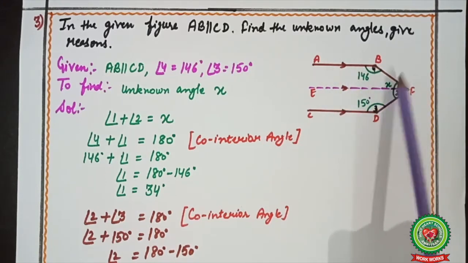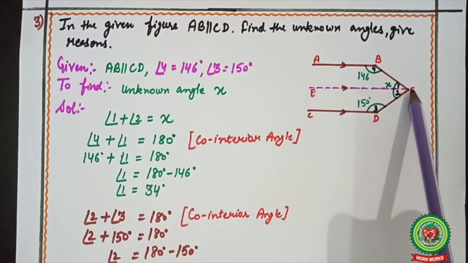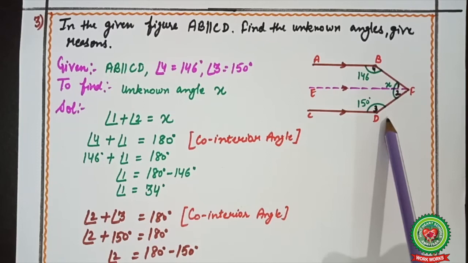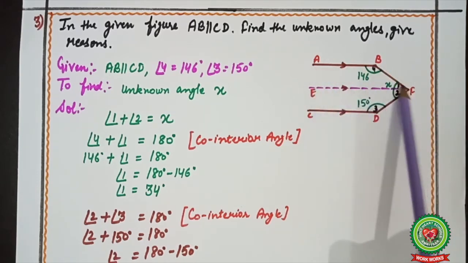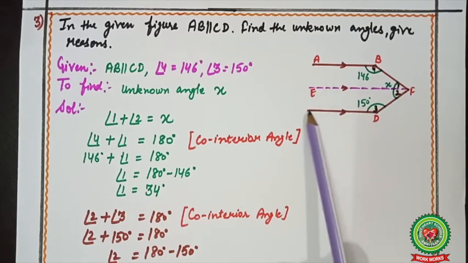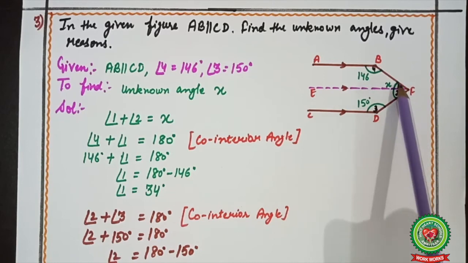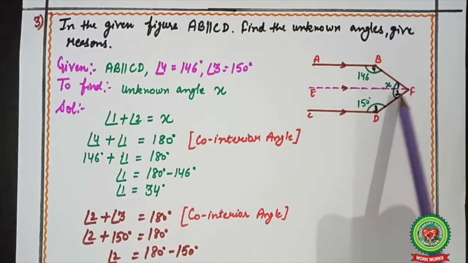Similarly, on these two parallel lines, FT is a transversal, right? Therefore, in this figure a big bracket is forming, and again in this case a big bracket is forming. So now you can apply the co-interior property and find the value of x.